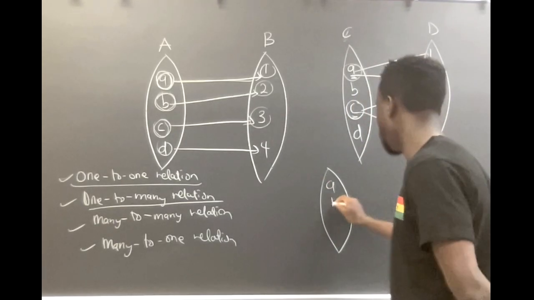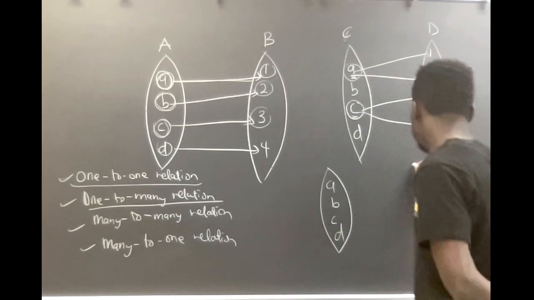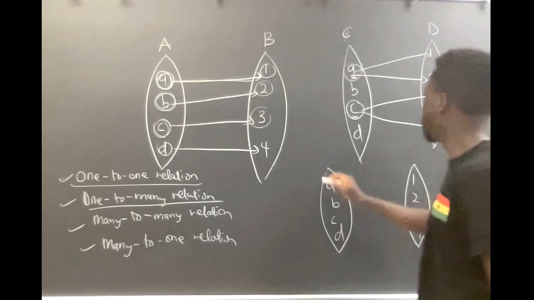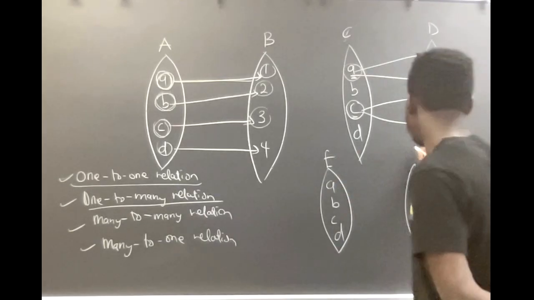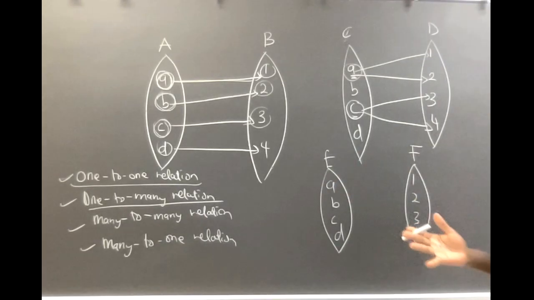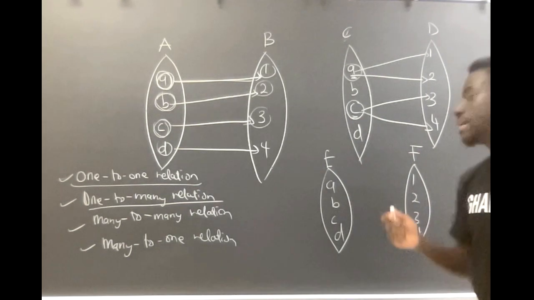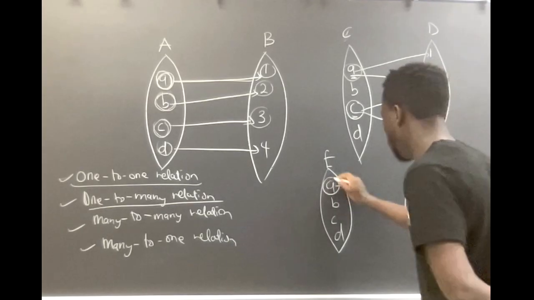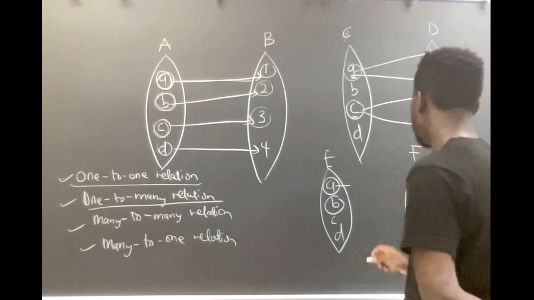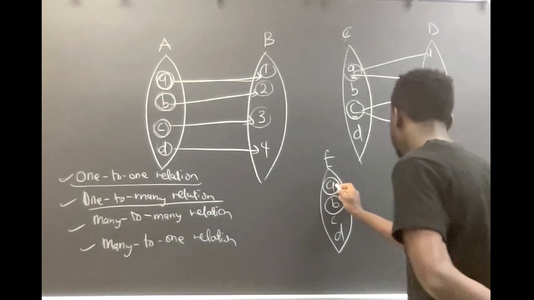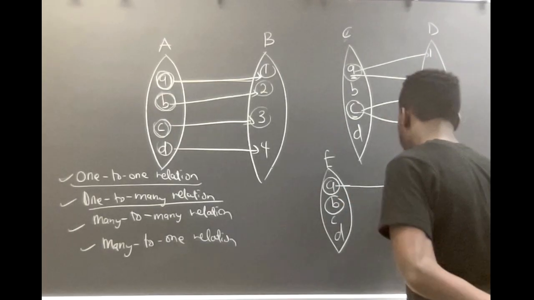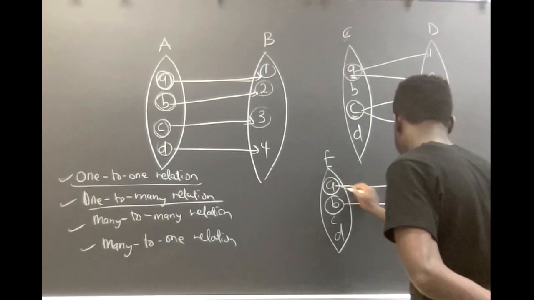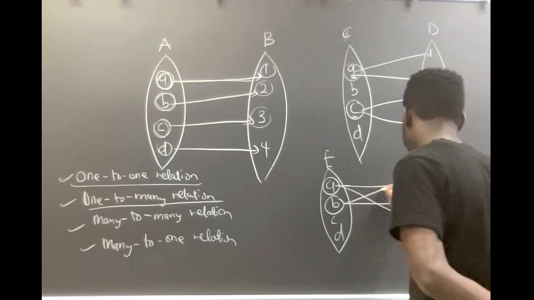So a situation where we have A, B, C, D, and 1, 2, 3, 4. If this is set E and this is set F, a many-to-many relation can be defined as this element A and this element B, so many of these connected to many. This connected to that, this connected to that.